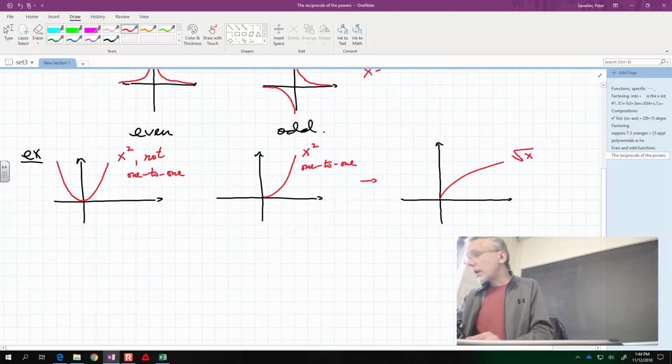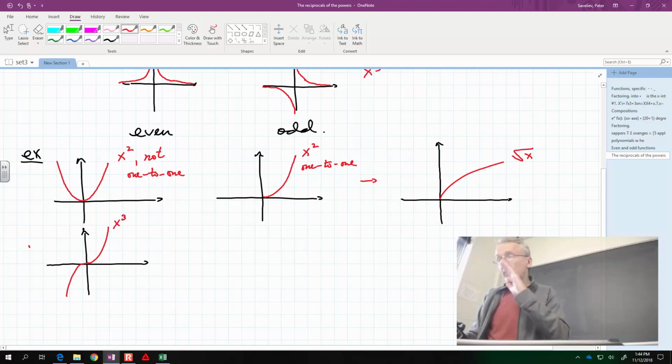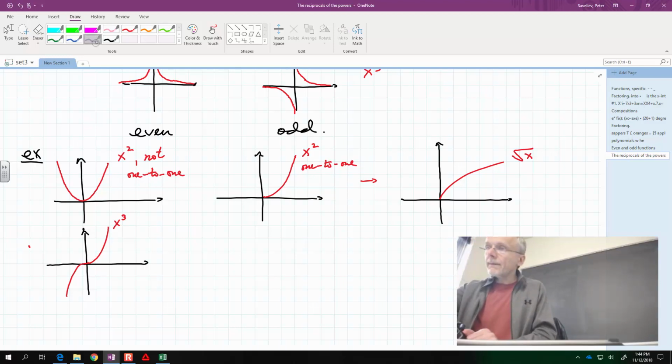On the other hand, if you take x cubed, that's different because you don't have to make that operation. So this is x cubed. Remember you flip it about the diagonal, y equals x.